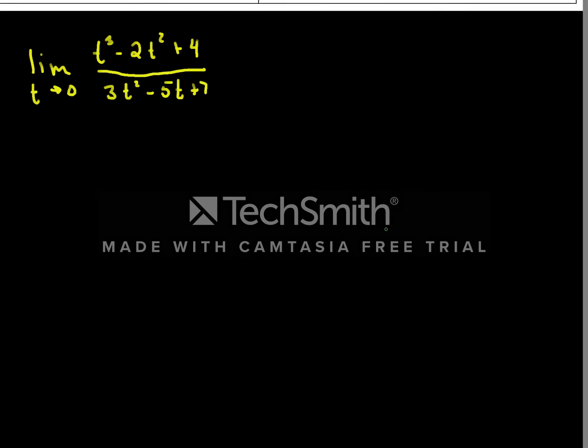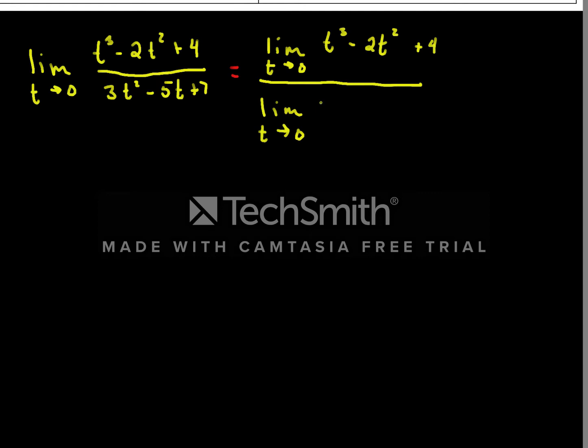This is equal to the limit as t goes to 0 of t cubed minus 2t squared plus 4, the whole thing, divided by the limit as t goes to 0 of 3t squared minus 5t plus 7.